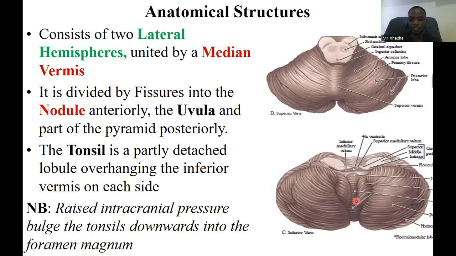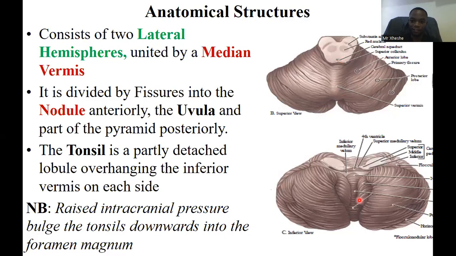Then this one, we are looking at the cerebellum from the inferior surface. So that would be the right hemisphere. This would be the left hemisphere. Now, dividing the two hemispheres is what we call the vermis. So that is the vermis. The vermis on the superior surface, we call the superior median vermis.